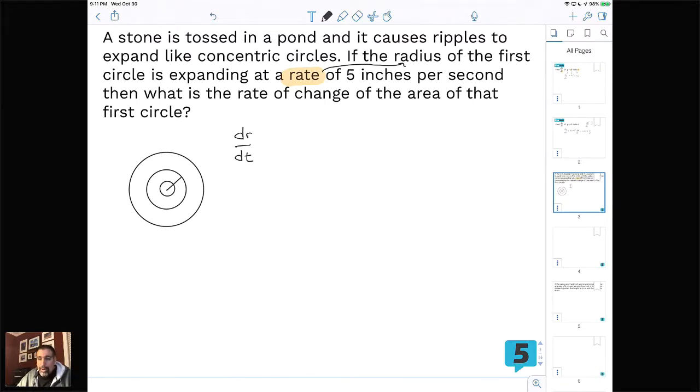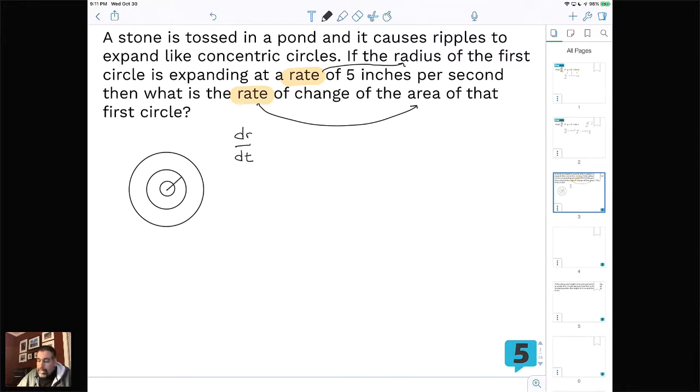So now we're going to keep looking, and we're going to find the next keyword in this problem. That next keyword is the word rate again. This time when we ask what's changing, this word rate is referring to the change of the area. So when we go to write this as a derivative, what would be the appropriate notation? We used dr over dt for when the radius was changing.